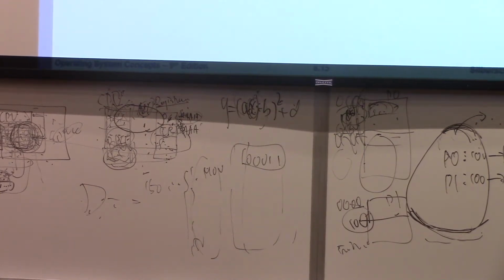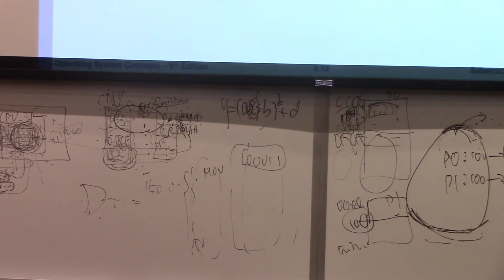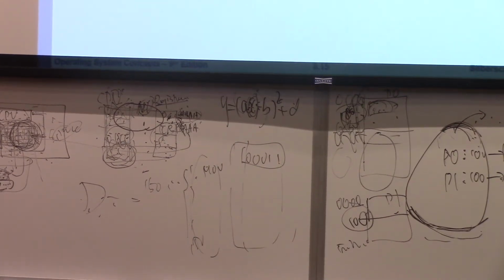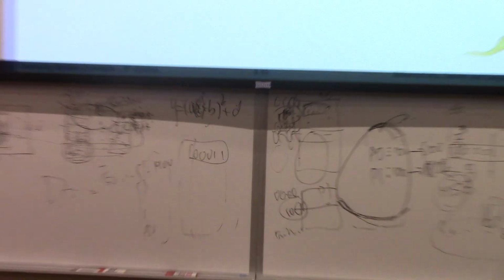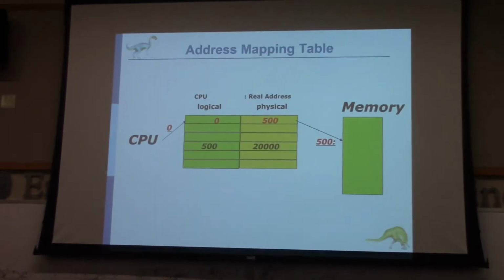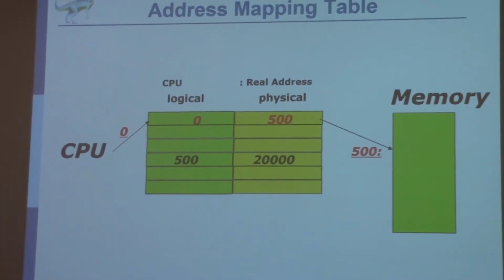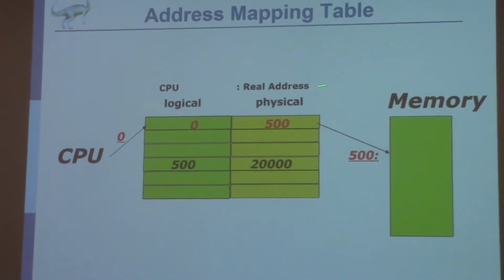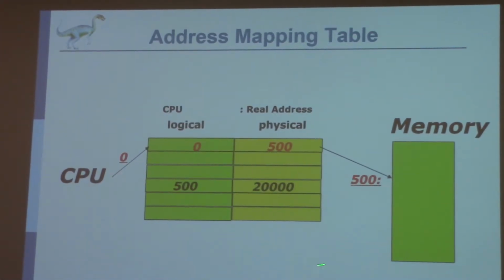It's a data structure to manage the logical address and physical address, which means every time you access data in memory, you need to look up this information. How often? Is it frequently accessed or rarely accessed? Very, very frequently accessed. So where is the best place to put this one?